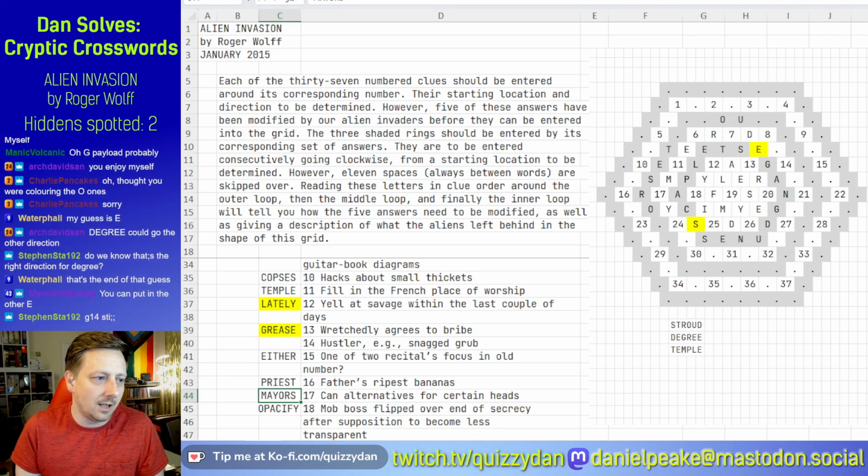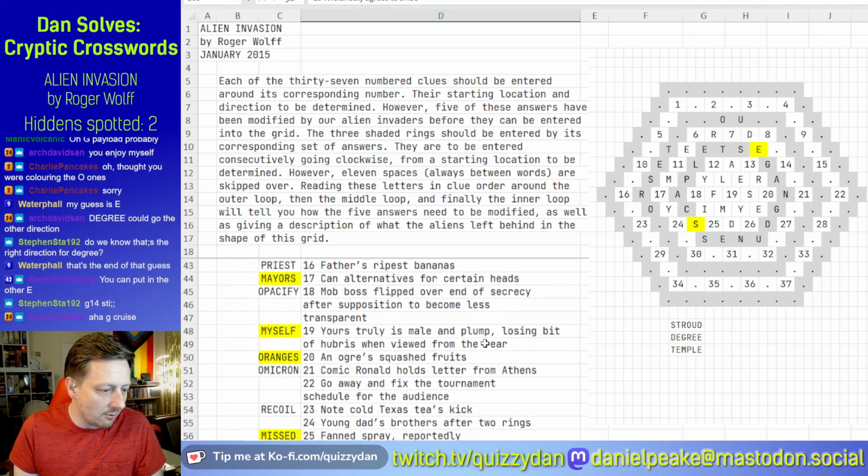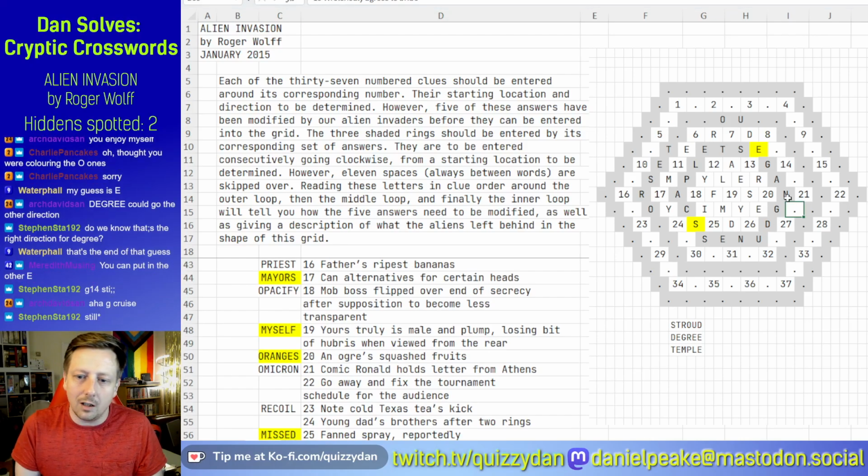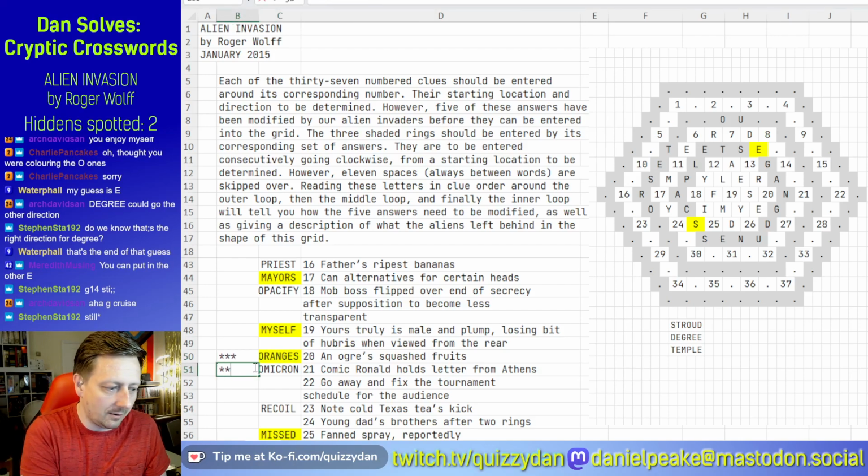Now, I might put in the other E when I get to it, if I remember. 21 is Omicron. We don't know which way around that will go, but the O will go in the middle, as it were. I should probably highlight, as you were saying, whichever ones are... I'll tell you what, I'll just do that.